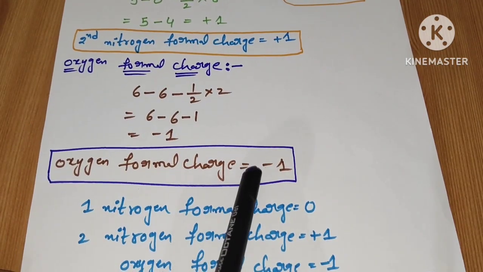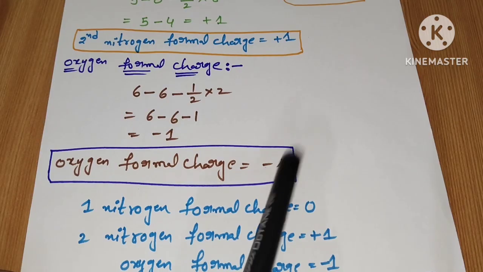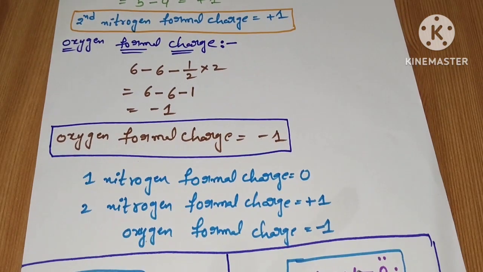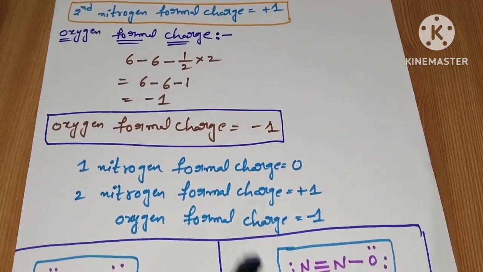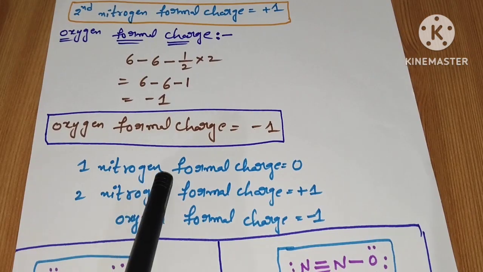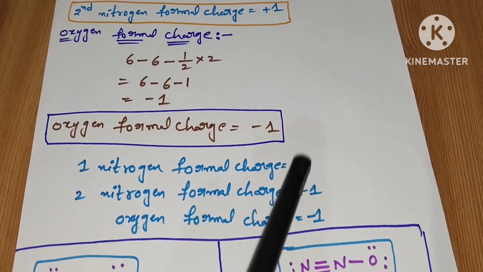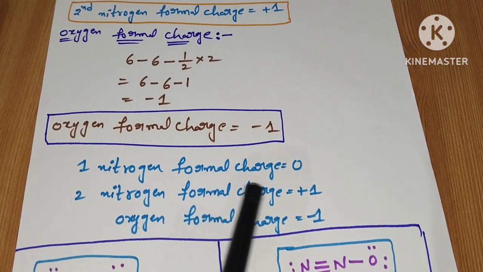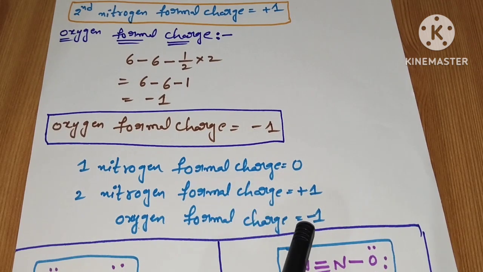Oxygen formal charge equals -1. For this structure, these are the formal charges: first nitrogen formal charge equals 0, second nitrogen formal charge equals +1, oxygen formal charge equals -1.